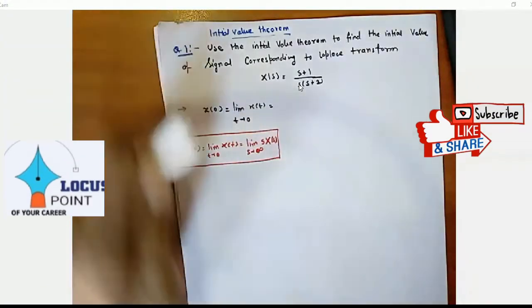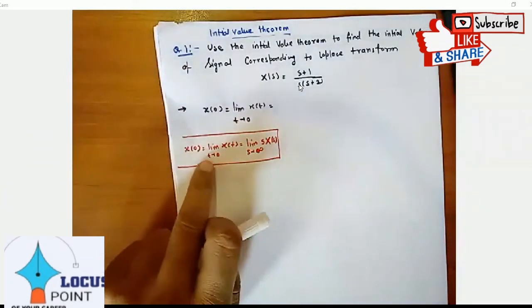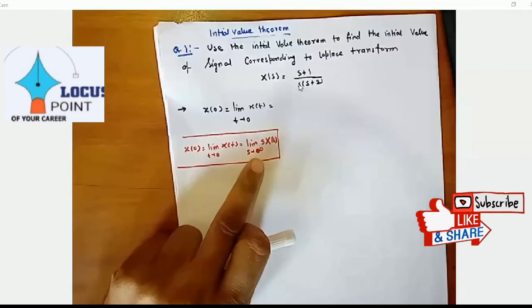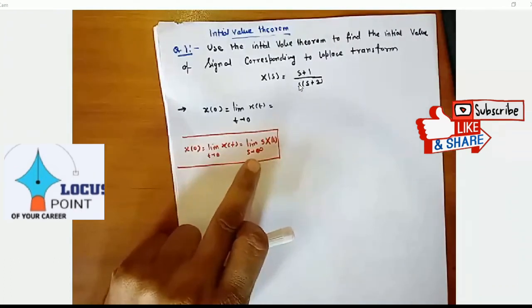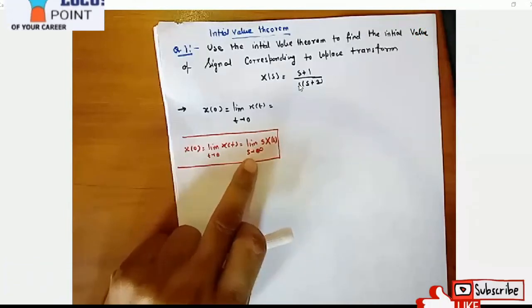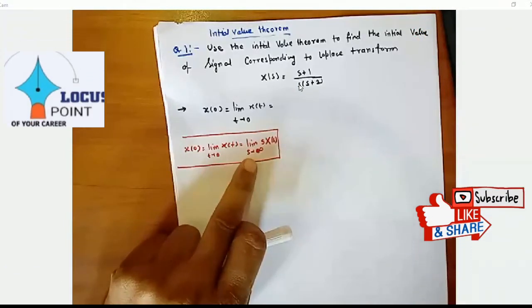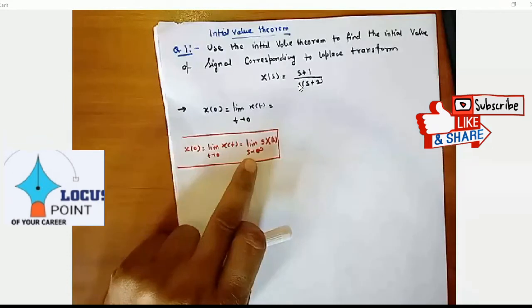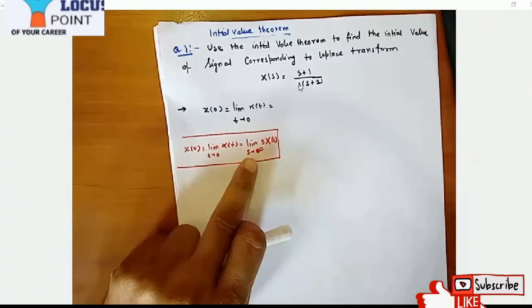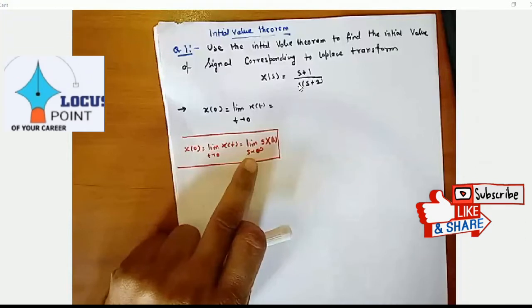So initial value theorem means x of 0, when t is 0, s should be infinite. And we have proved this one. In the online class, on Monday or maybe Tuesday, we will discuss this one, and in 1 minute we will complete this proof, because we are revising the things. So in that online class it will be good. So here we will do a numerical part.